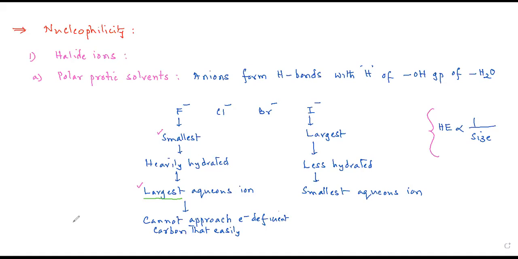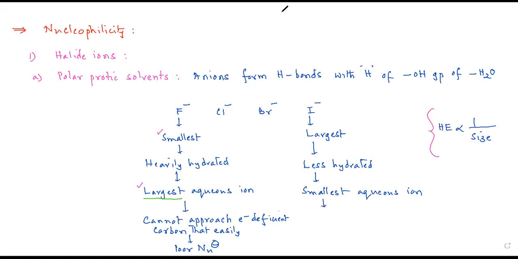Being the largest, it cannot approach the electron deficient carbon. I mean, it cannot attack the electron deficient carbon that easily. So, it's a poor nucleophile, right? In polar protic solvents, it is the poor nucleophile.